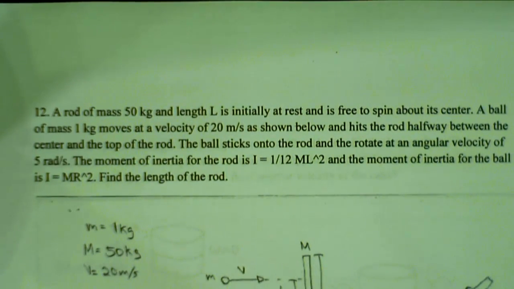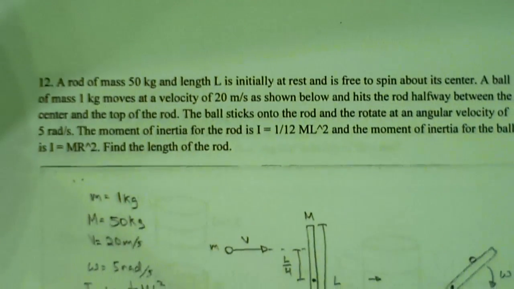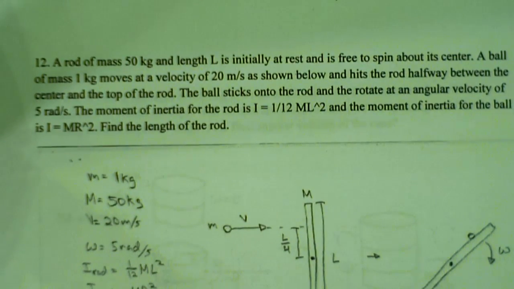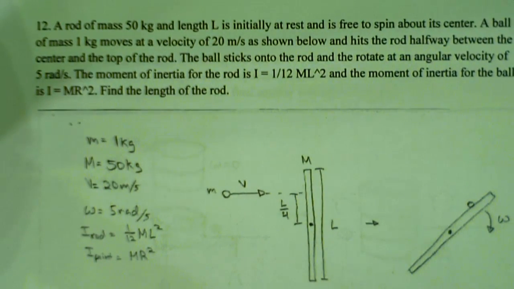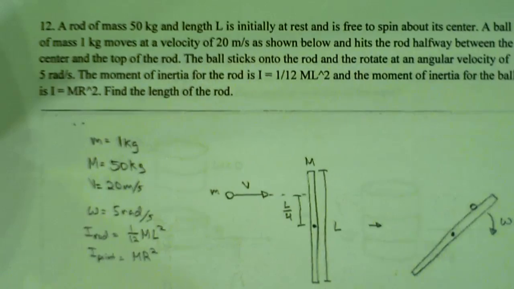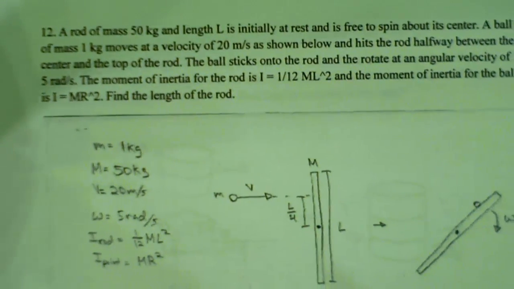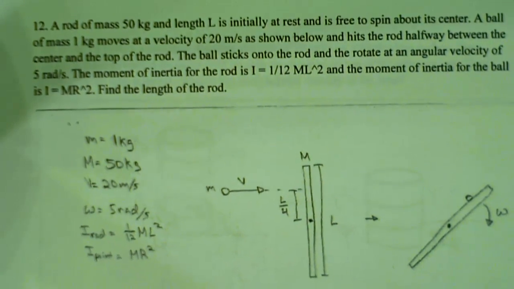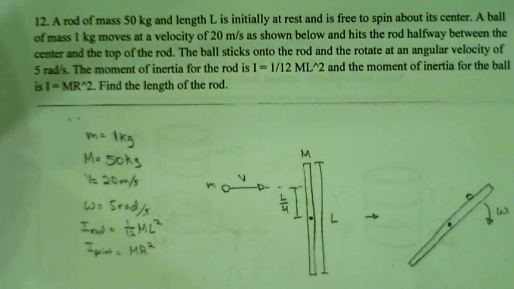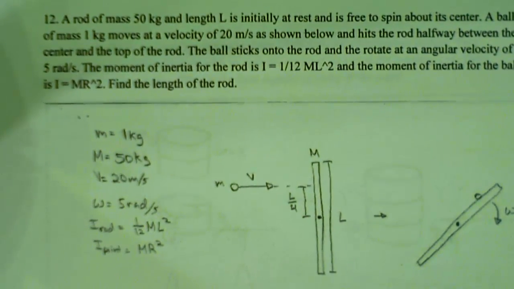A ball of mass 1 kilogram moves at a velocity of 20 meters per second, as shown below, and hits the rod halfway between the center and the top of the rod. The ball sticks onto the rod and rotates at an angular velocity of 5 radians per second. Okay? The moment of inertia for the rod is 1/12 mL squared, and the moment of inertia for the ball is mr squared. And the question asks to find the length of the rod.